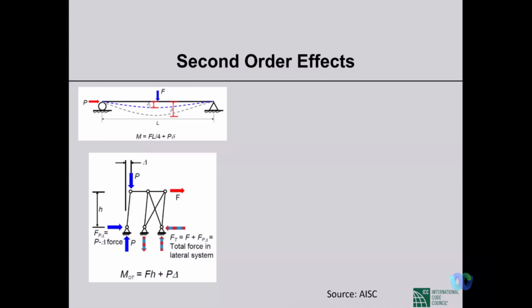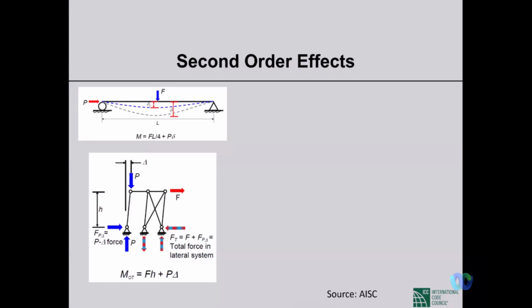If we don't consider this sway in calculating the moments, if we calculate the moment on the undeformed shape, then the moment will be F into the height of the frame, FH.